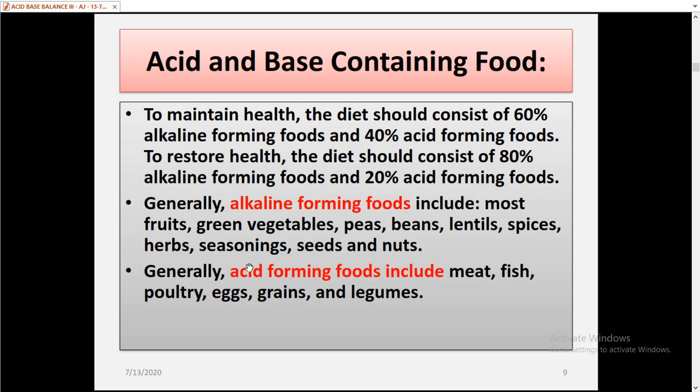Consumption of acid forming foods like meat, fish, poultry, egg, and grains and legumes adds acid. So, if a person is consuming more acid forming foods like meat, fish, egg, and legumes, then definitely this is also adding to the acid production in our body.